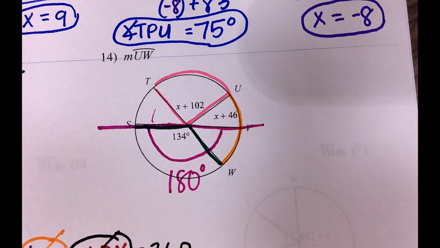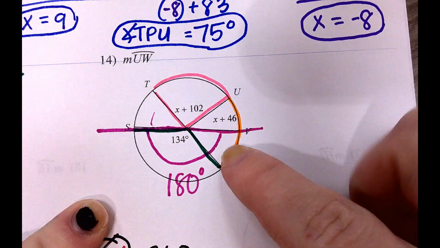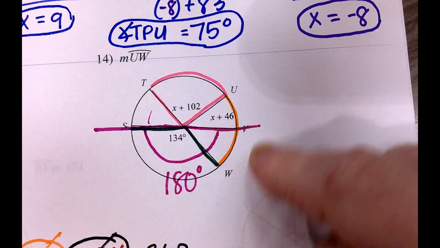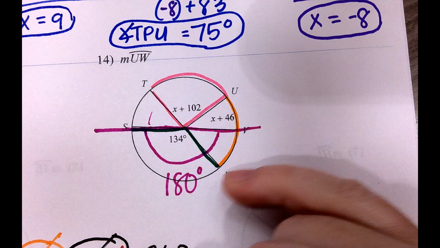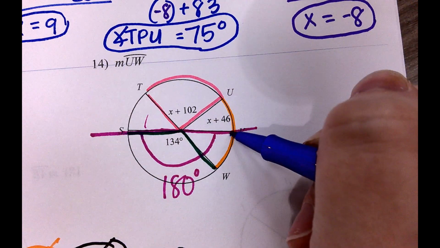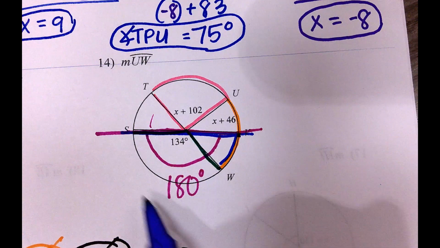So, guys, this is a tricky one because there's a lot of steps involved. I need to know what x is, but I also need to know what this angle is because I need UW. So before we can do anything, we need to find out what this VW is. Alexis, you are correct. I know that this half here is 180 degrees.